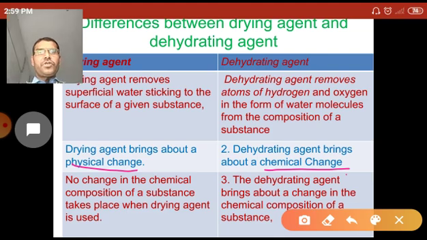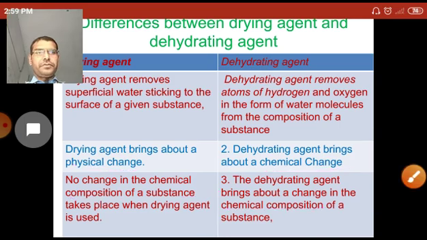In a drying agent, no change in the chemical composition of a substance takes place, but a dehydrating agent brings about a change in the chemical composition of a substance. So H2SO4 is used as a dehydrating agent, not a drying agent. So this is all about the differences between drying agent and dehydrating agent.